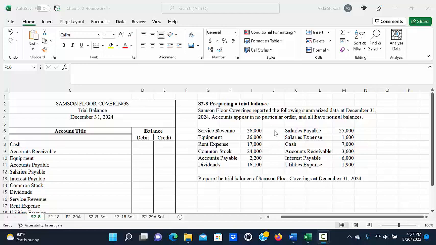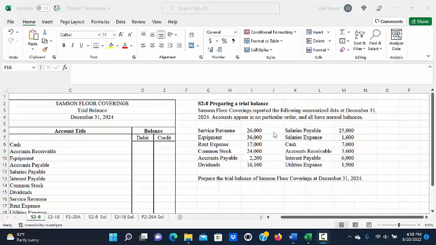Remember that on the trial balance, we want to start out with our assets, then our liabilities, owner's equity, and those are going to be your permanent accounts, and then you have dividends, your revenue, and then your expenses. That's the order that you put them in the trial balance. And if we had a real accounting system, these would also have numbers, and those numbers would also help you to put them in the right order.